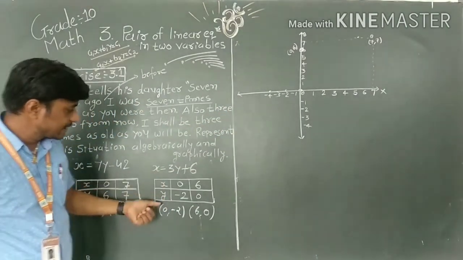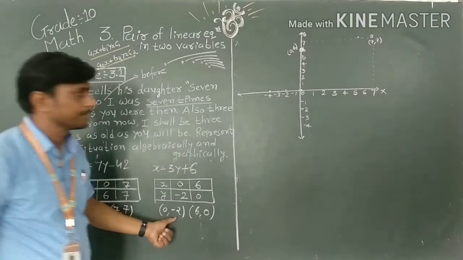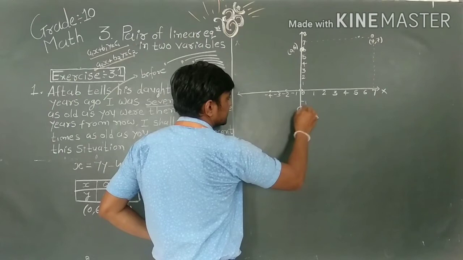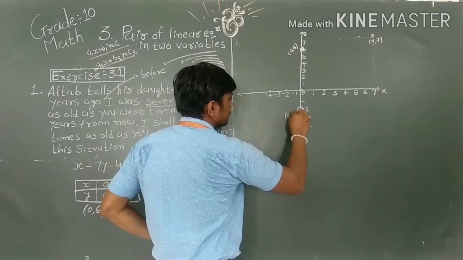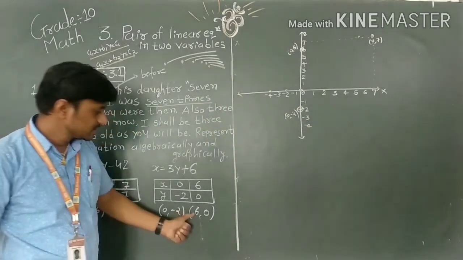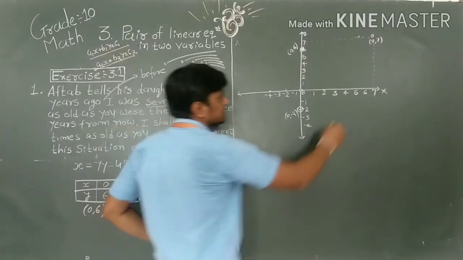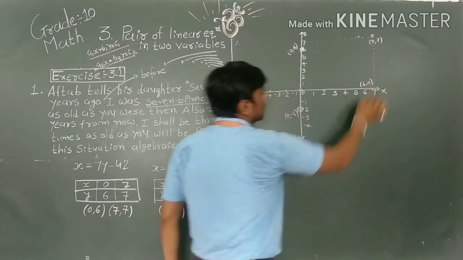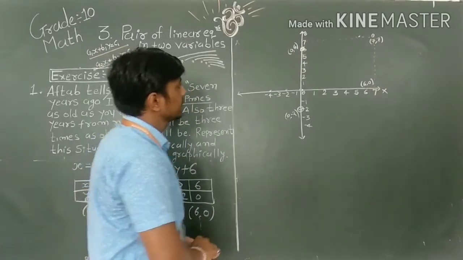Now what about the second equation? (0, -2). This one is (0, -2). And the second point we have is (6, 0). This is (6, 0). Now join these points.